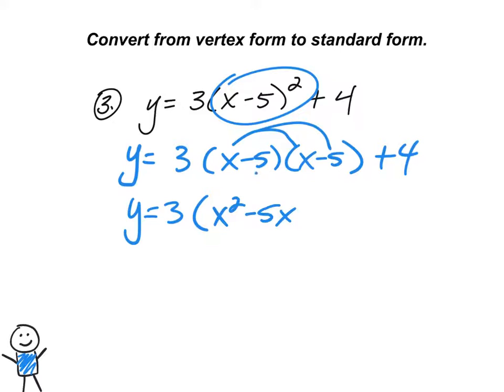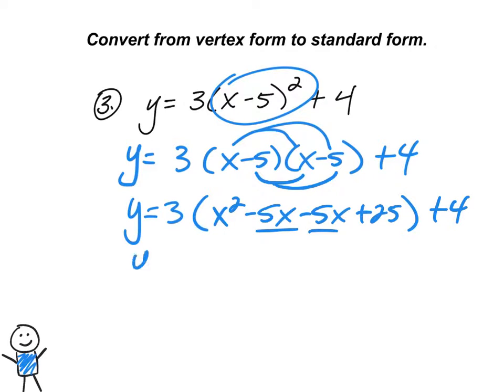Don't forget to come back and distribute this negative 5 to both of those terms also, giving me another negative 5x. Negative 5 times negative 5 is positive 25. And then bring down the plus 4 that was on the outside. We have some like terms that we can combine in the parentheses, giving me x squared minus 10x plus 25, plus 4. I'm sorry, it's not equals 4, it is plus 4.